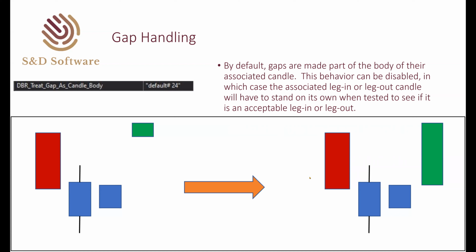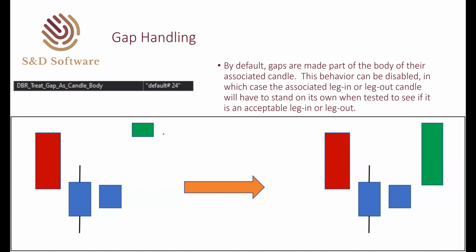Now, why exactly are we doing that? Well, let's say we have the case right here on the left. We can make it even more severe if you wanted to and make that a doji instead of a little green candle. But we had a significant move up there.